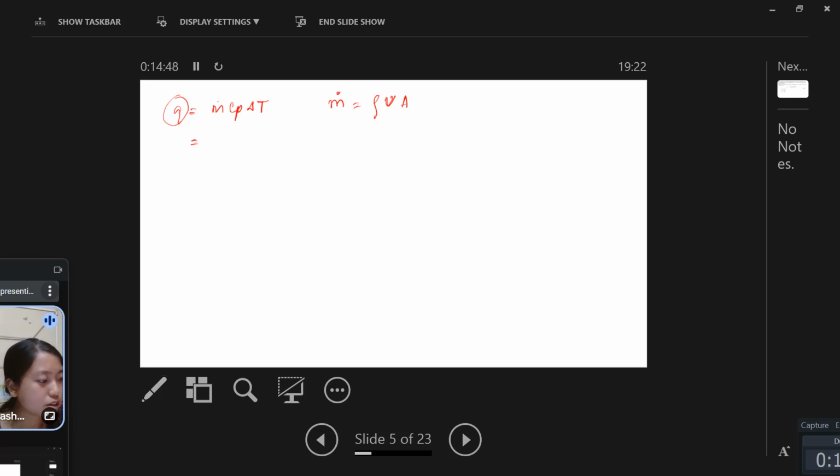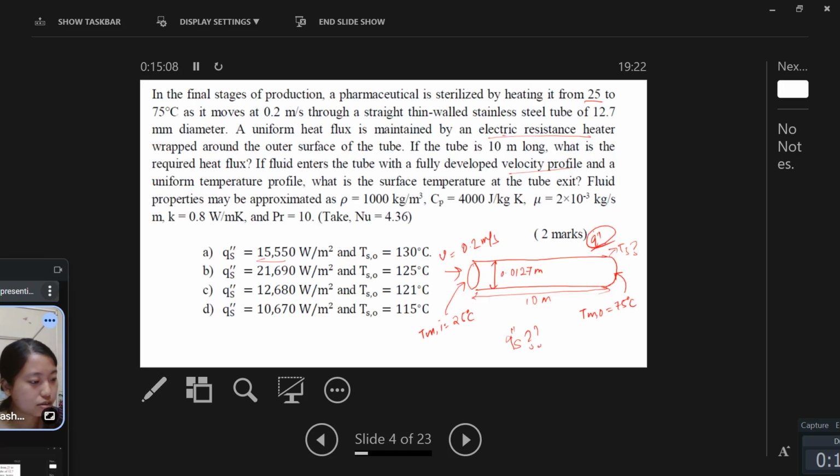If it was mass, then it can be directly written as rho into V, which can be written as rho into L into A. Okay, this is the volume. But since it is mass rate, instead of length, we are taking the velocity. So this gives the mass rate.